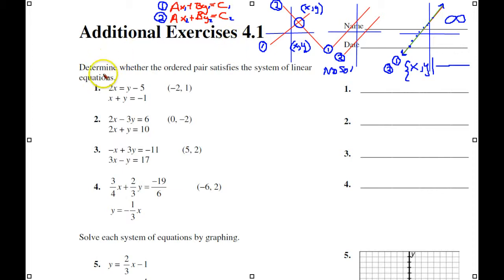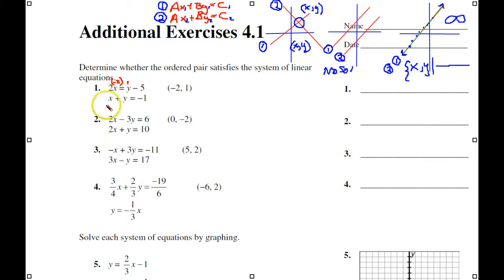But here what they're wondering is whether an ordered pair satisfies the system of linear equations. So what do we do here? Well, here what we're going to do is substitute in there the various values. So this is going to be a negative 2 for the x, and this is going to be a 1 for the y.